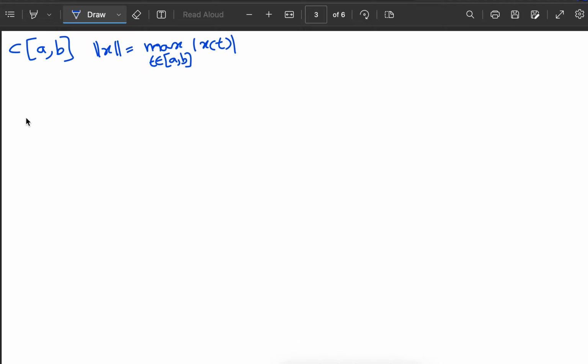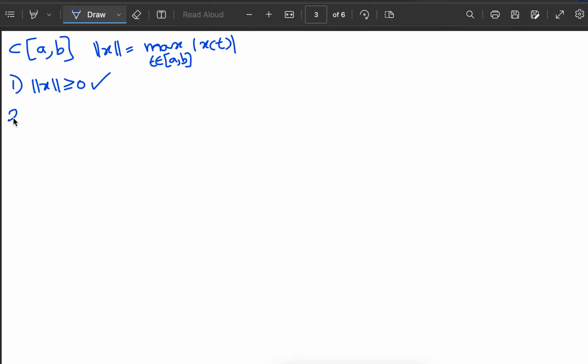The first property is norm x should be greater than or equal to 0. It is already satisfied since here we are considering mod x of t, so it will always be greater than or equal to 0. So that property is satisfied.